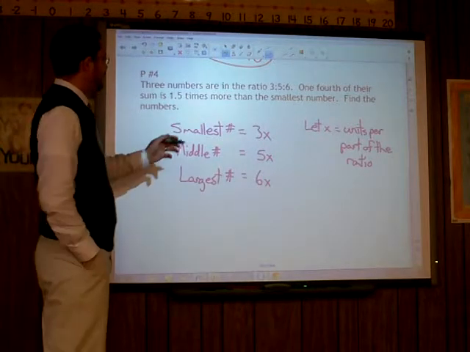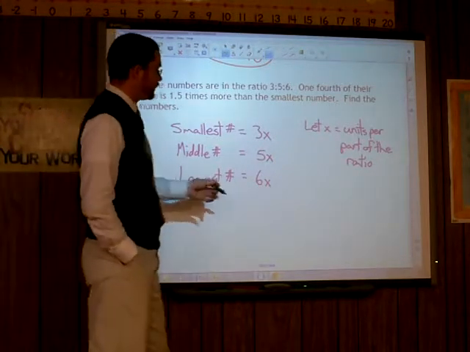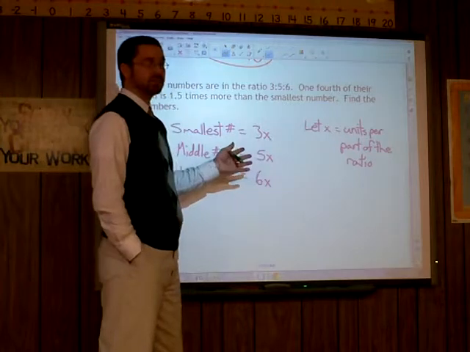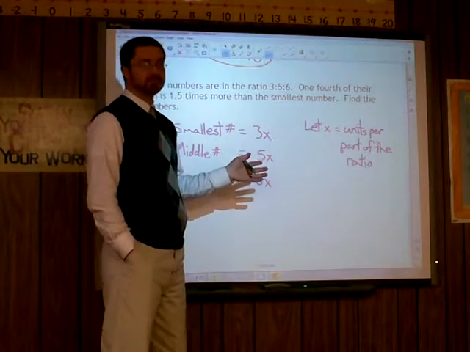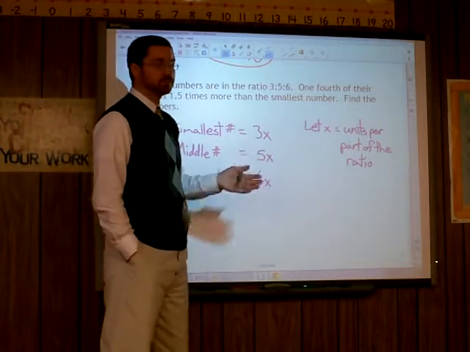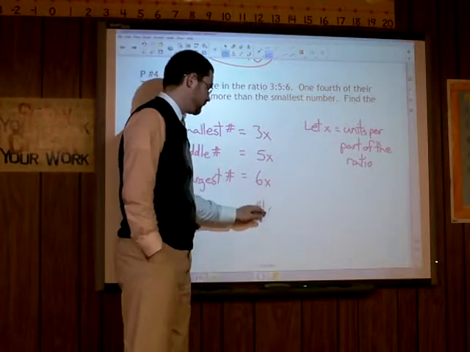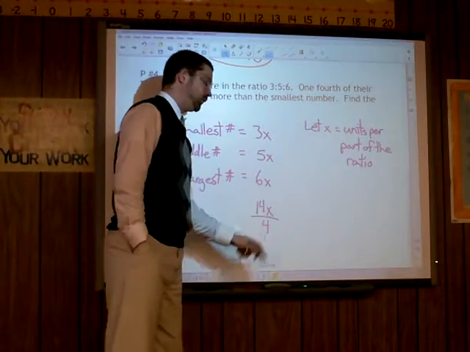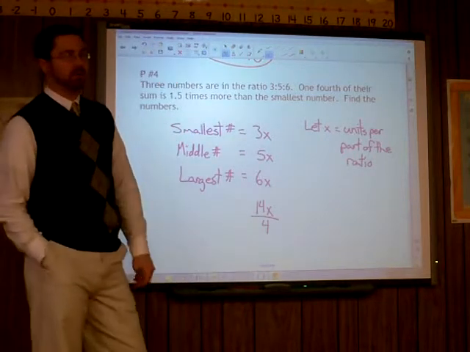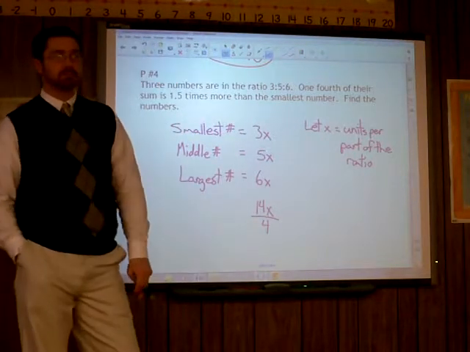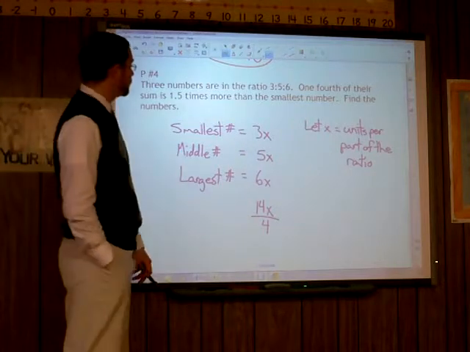Okay, so it says 1/4 of their sum. What's the sum of these? Hmm? 14x. And 1/4 of that would be 14x over 4, right? Okay?